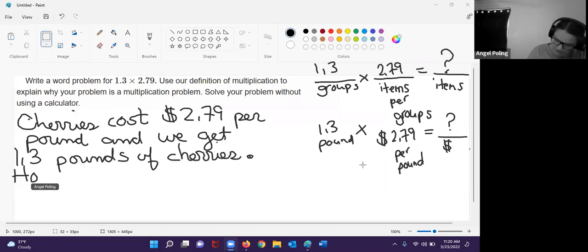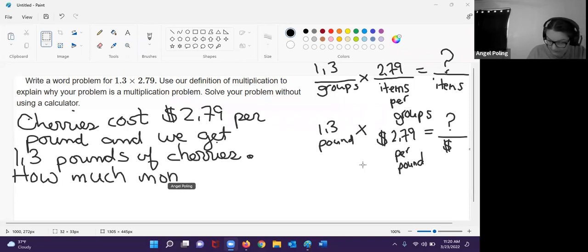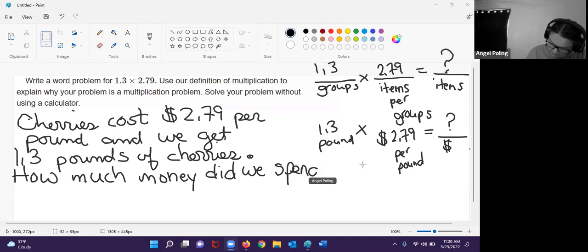How much money did we spend? And now they want us to multiply or solve the answer without using a calculator.